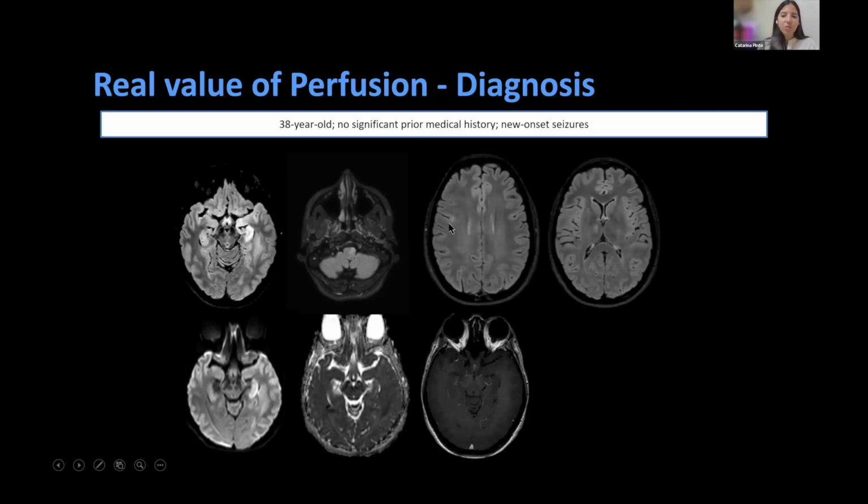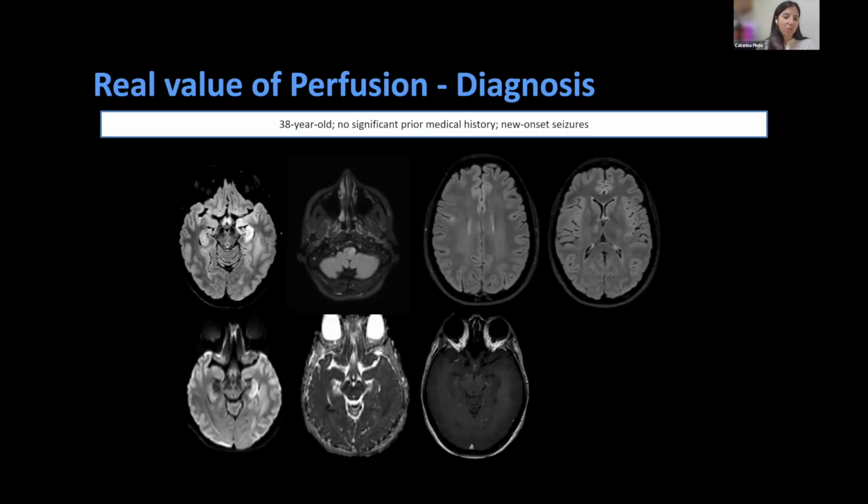We could also see a small cortical lesion in the right frontal lobe and also in the right thalamus. Some of these lesions had restricted diffusion, mainly the white matter area on the temporal lobe, but there was no contrast enhancement. So we had a young lady with several lesions in multiple areas with no contrast enhancement.